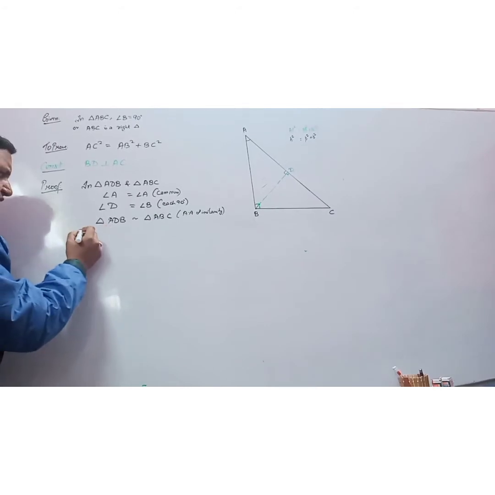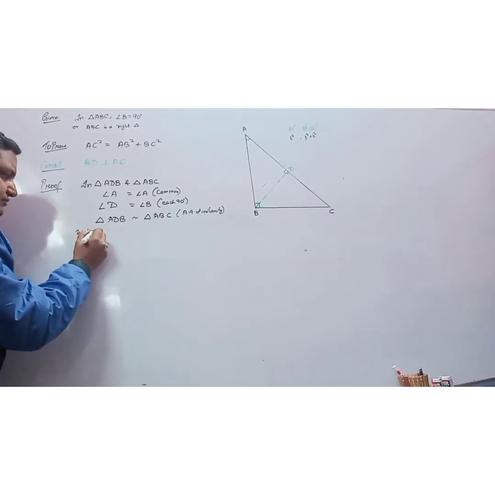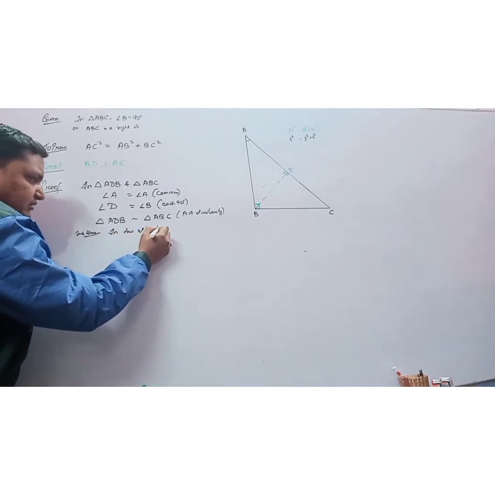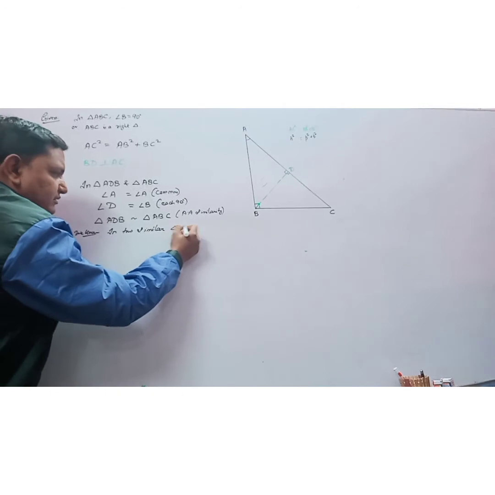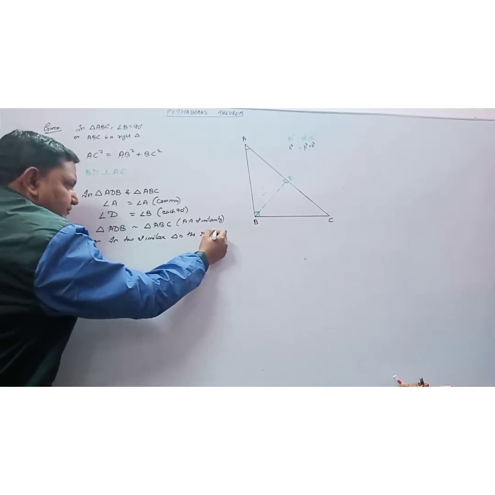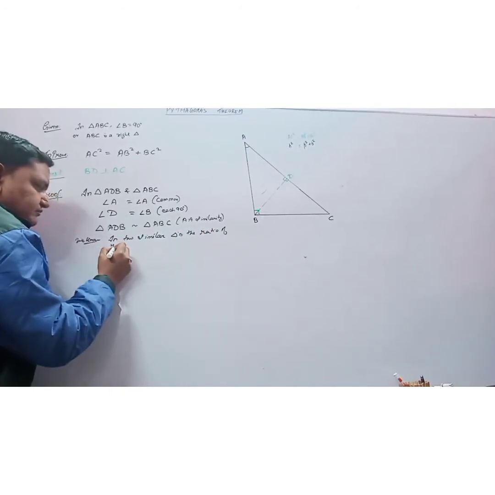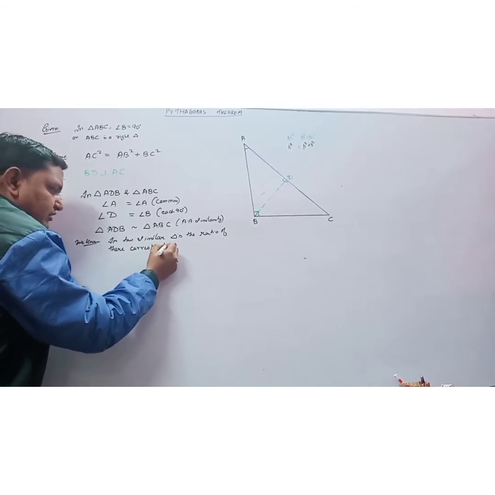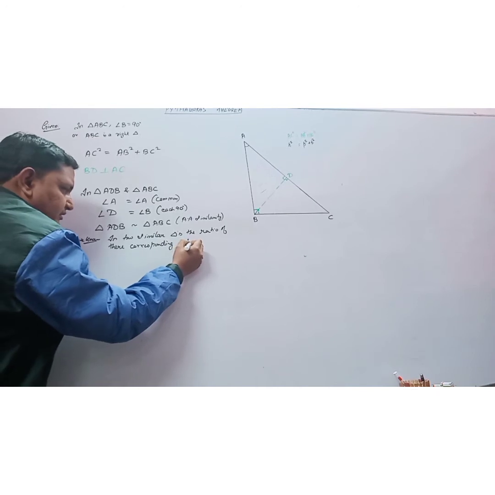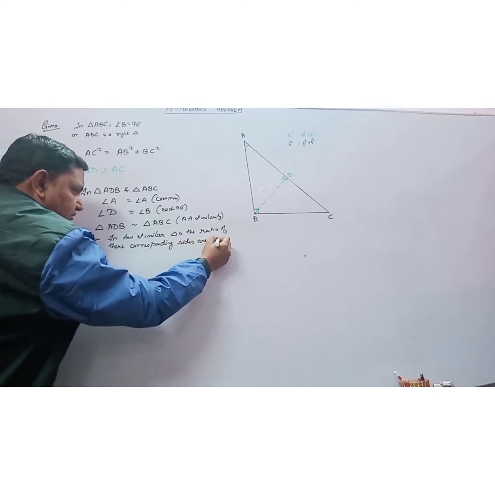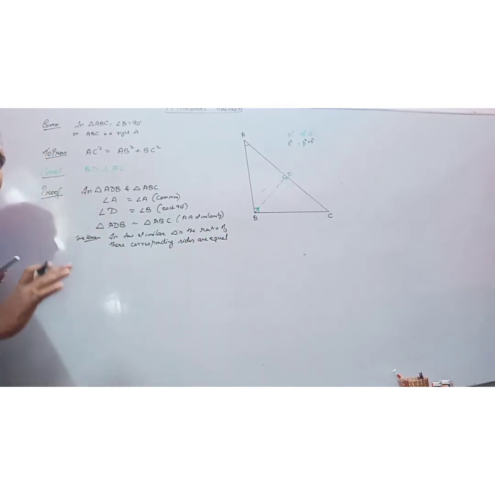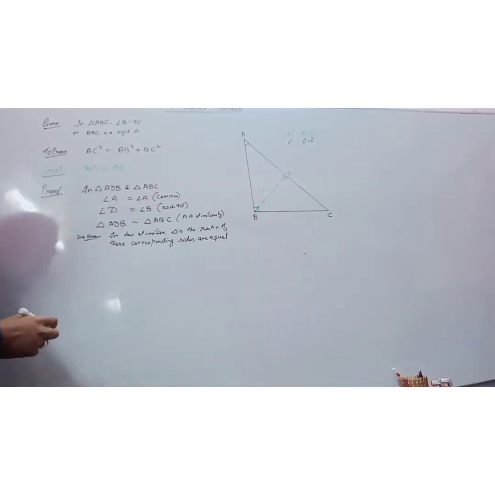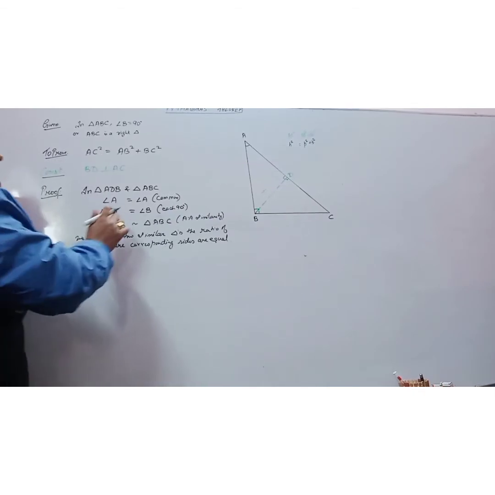We know in two similar triangles, the ratio of their corresponding sides are equal. Now this statement is highly optional. Either you can put it or it is not necessary.